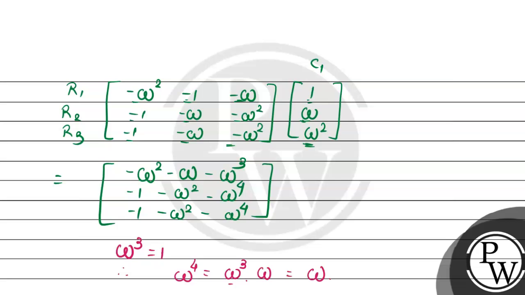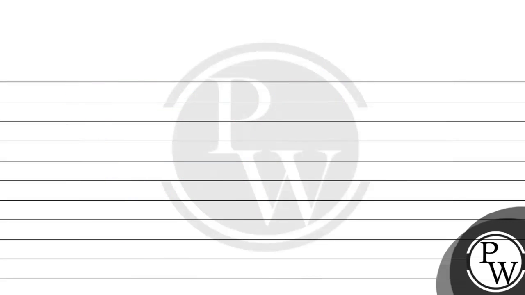So substituting these values, we will get in the matrix: minus omega square, minus omega cube which is equal to 1, right? Same way, minus 1, minus omega square, minus omega raised to 4 that is equal to omega. And last row, minus 1, minus omega square, minus omega.